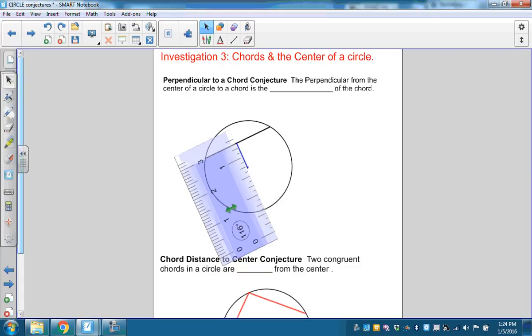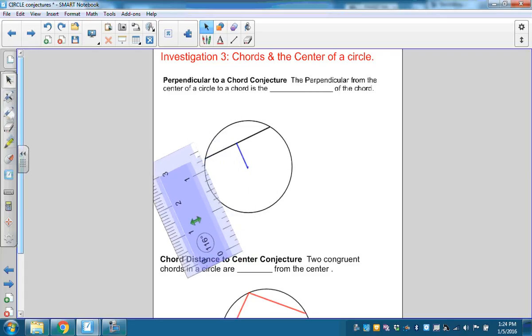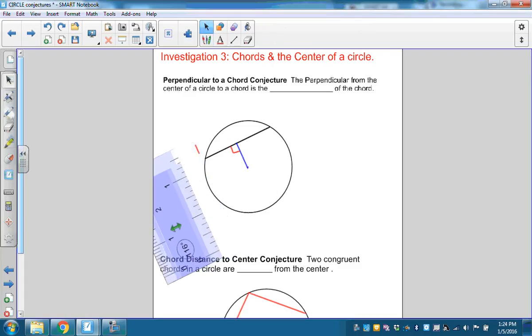You can see, because this is a square edge on this ruler, that that's a right angle. So this is the perpendicular segment. If I label this A, B, AB, we'll call this circle O, and circle O intercepts AB at point M. The perpendicular that I'm looking at is segment OM.